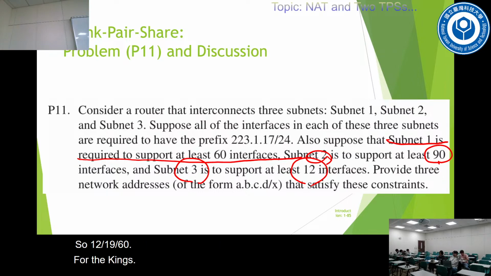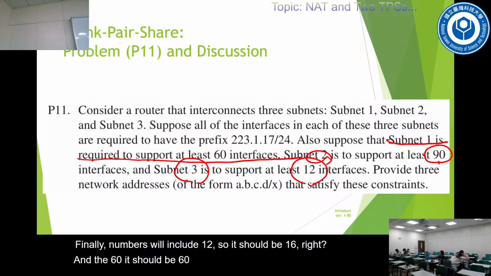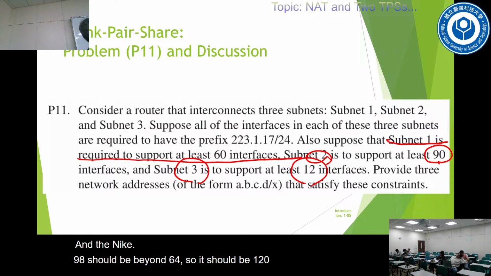If we use binary numbers to include 12, it should be 16, right? And 60, it should be 64. And 90, it should be beyond 64, so it should be 128. All right, so here you see you have the possible numbers.